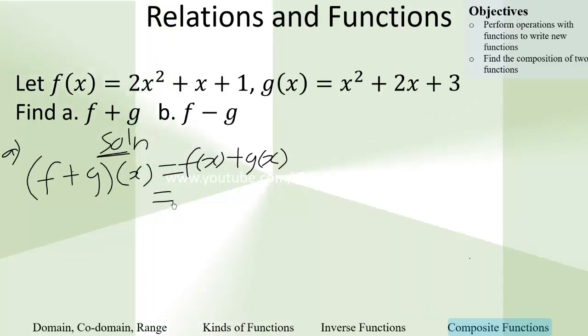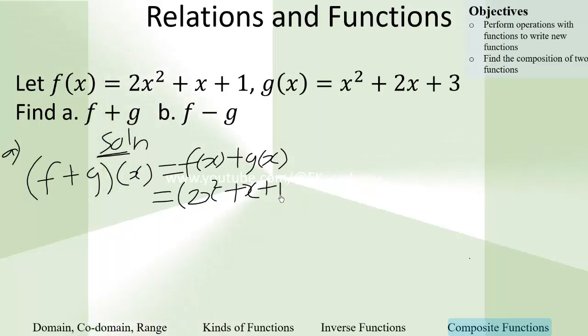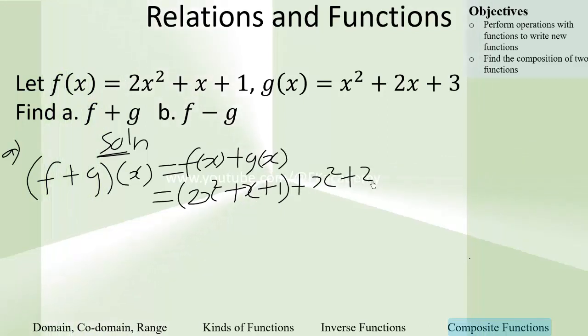So that will give us 2x squared plus x plus 1, and we add it to x squared plus 2x plus 3.